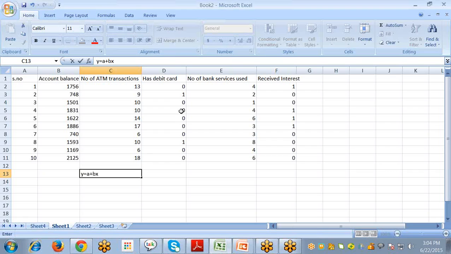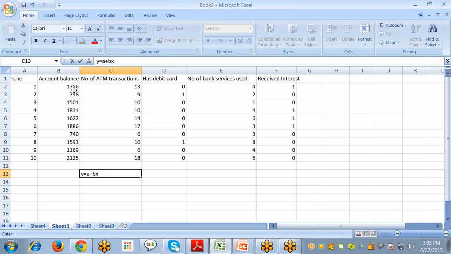Here x is the number of ATM transactions, which is the independent variable, but y is dependent on x, and y is used for account balance. And a and b are the output of our regression. That means regression analysis produces these values for a and b.